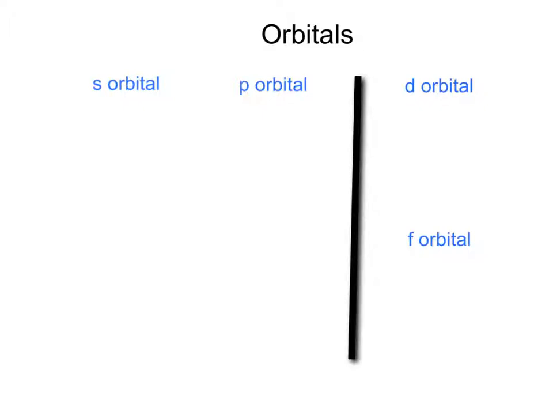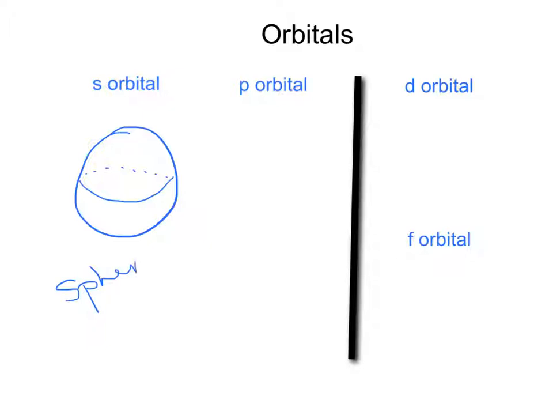As far as drawing these things go, the s orbital is pretty straightforward, right? It is a sphere. And remember, these pictures aren't actual things.